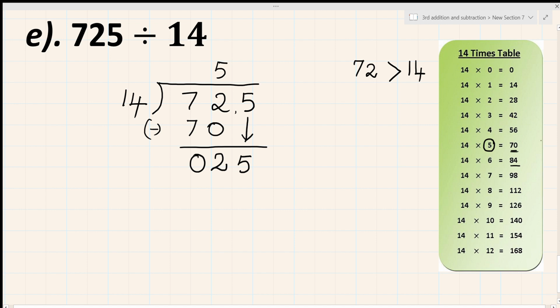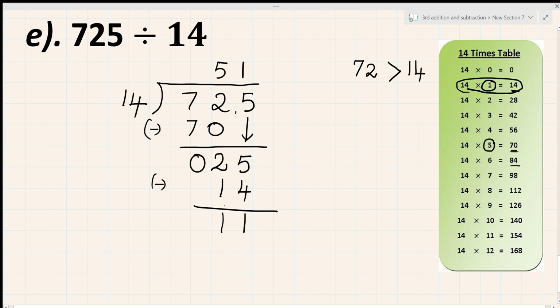So we are going to take the product 14. We are getting 14 the first time. So write 1 in the quotient, 14 below the number. Now subtract these numbers. 5 minus 4, 1. 2 minus 1, 1. Yes, now we have 11.